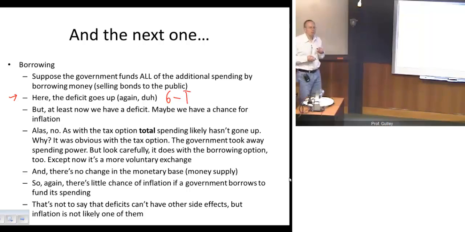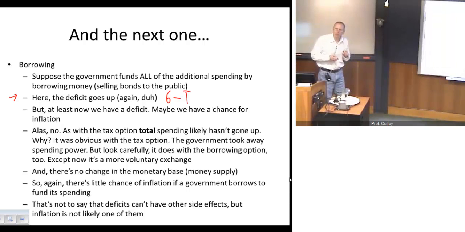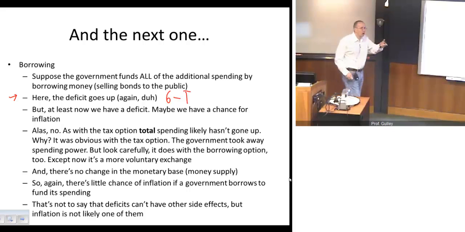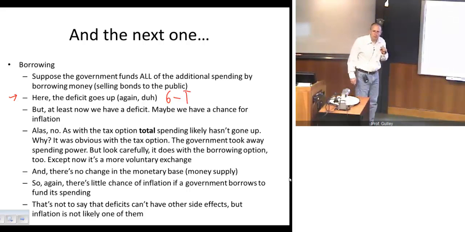But here's the thing. Total spending, again, just like in the previous example, more likely than not hasn't gone up by very much. Maybe not at all. Here's the reason. When the government goes out and borrows money from us in the financial system, it takes away our spending power. Now, granted, it's a voluntary exchange.